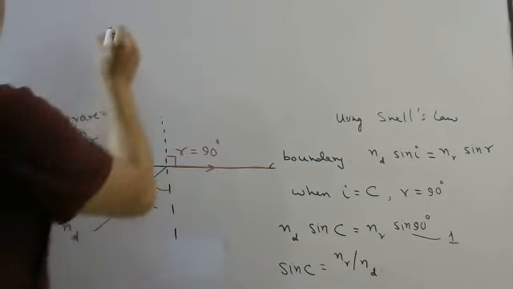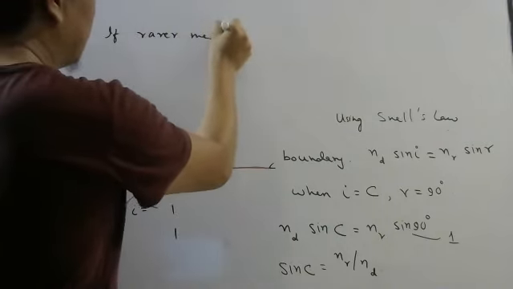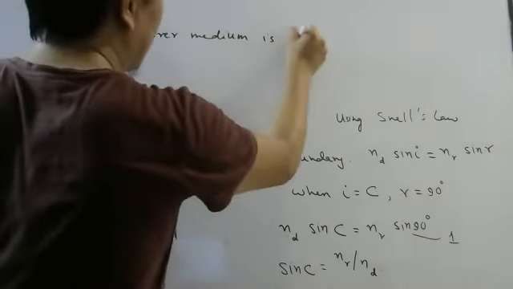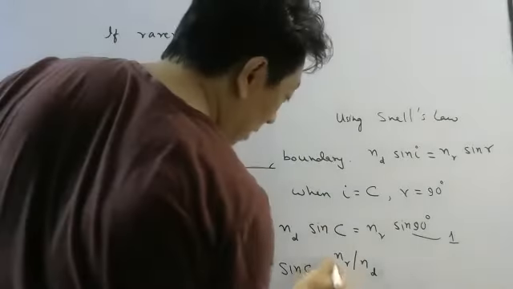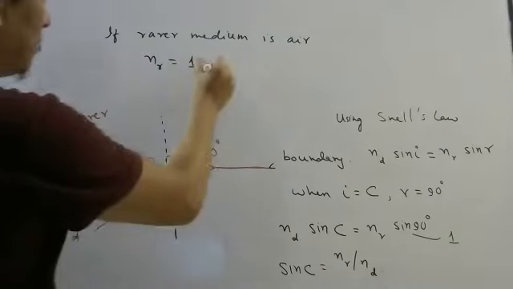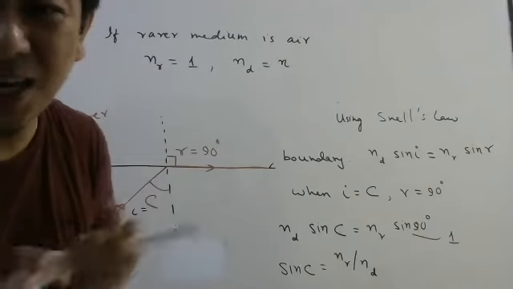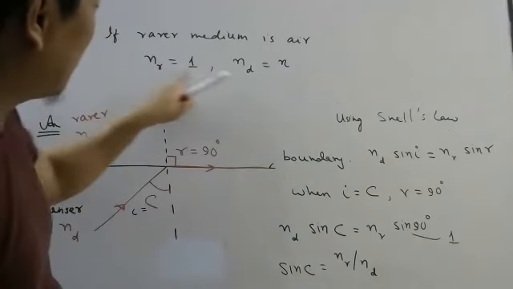So at the last step, you can say if the rarer medium is air, then NR will be 1. Right? And for the denser medium, let me simply write N only, because no need to write NR, ND now, because NR is 1.